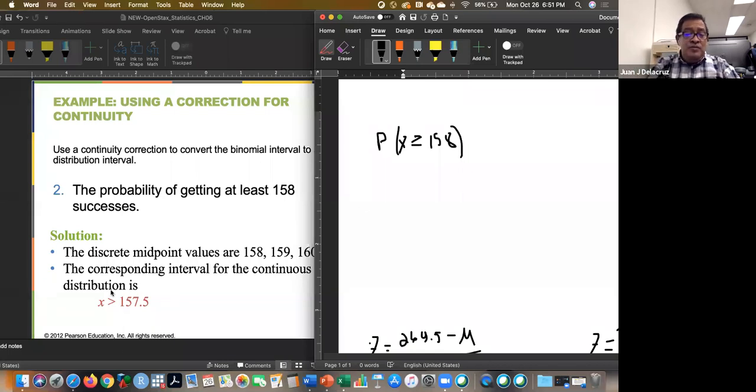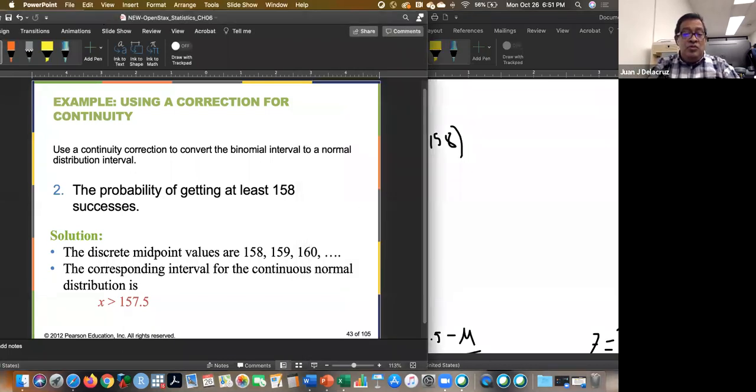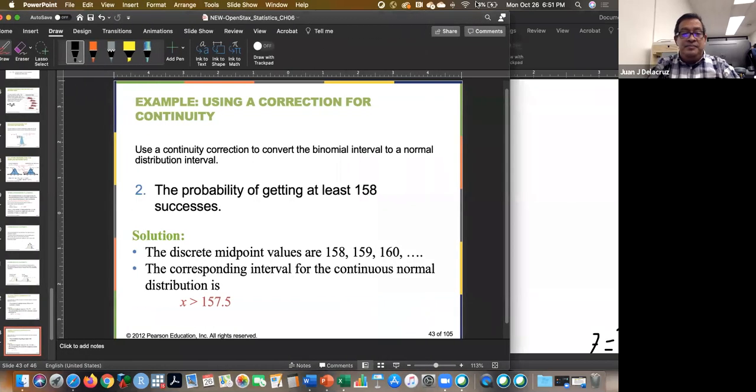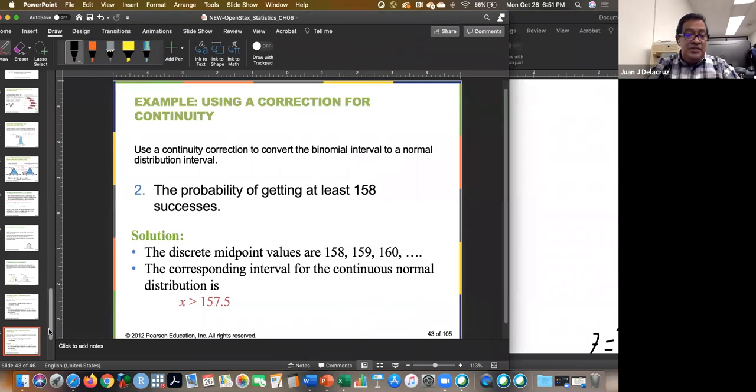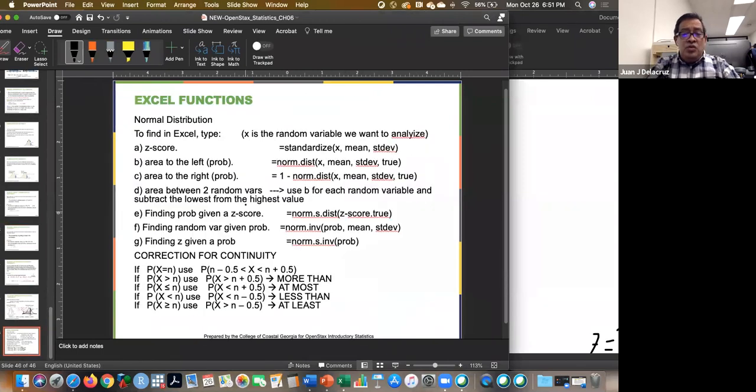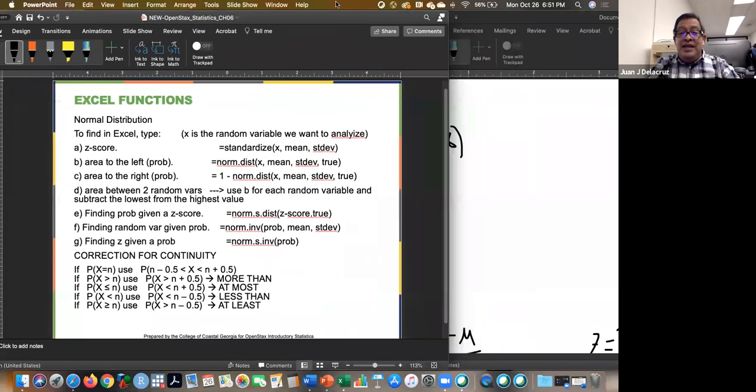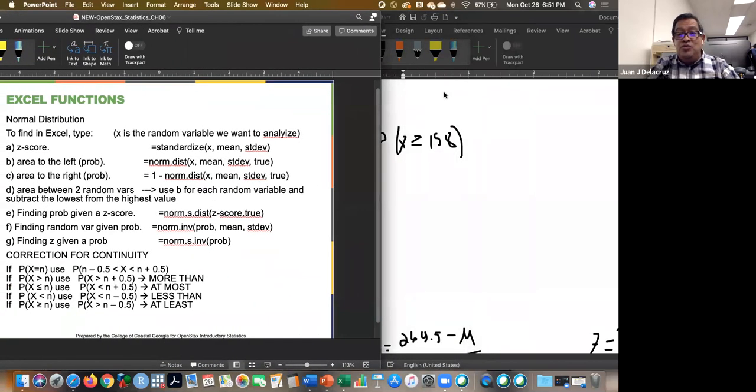So I am going to go back to my last slide, which is closer. When I have at least, what should I do? It tells me that I have to subtract 0.5, right? This table is very handy because at this point I'm looking at the example, but I don't know for sure what to do.